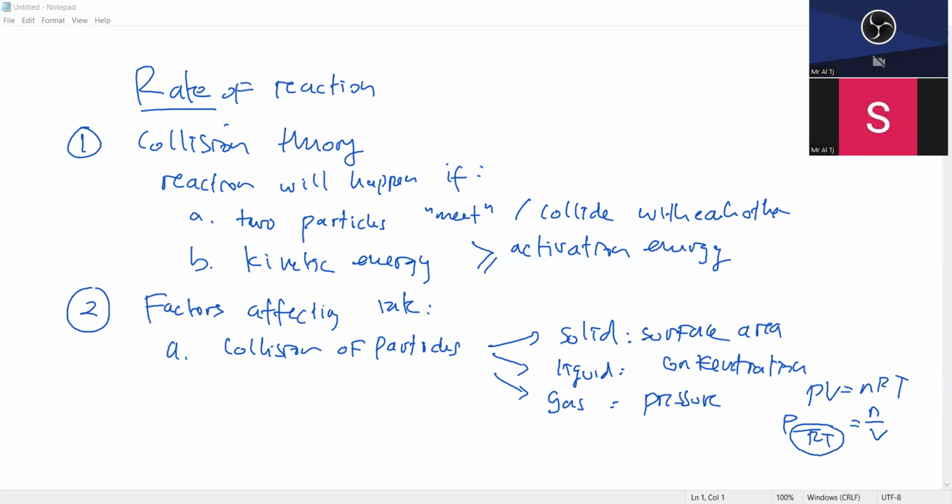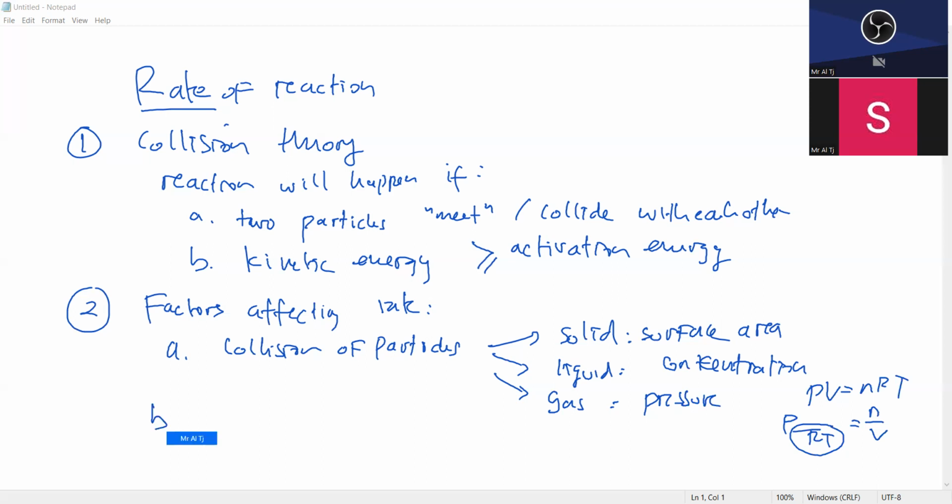For liquid, it's a question of how many particles per unit volume, aka concentration. For the gas, it's similar to the liquid in that we talk about concentration, but we don't usually measure concentration of the gas. Instead, we measure the pressure, which is linearly proportional to concentration for the same temperature.